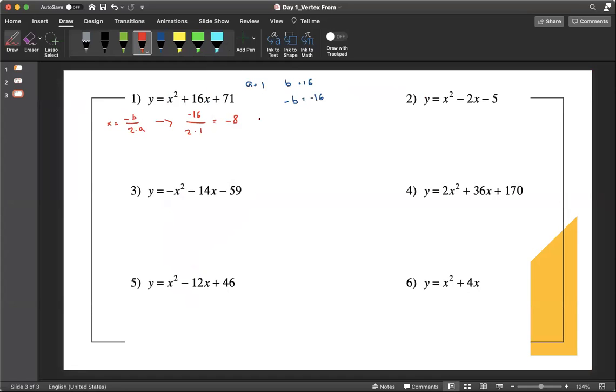Then we're going to take this negative 8, which is also known as the axis of symmetry, and our x. We're going to take this and we're going to plug it in for every single x we see.